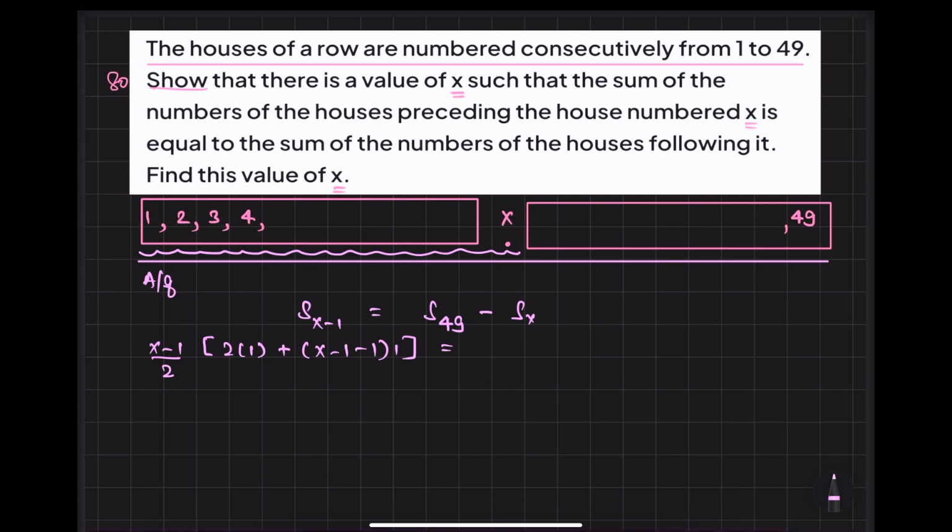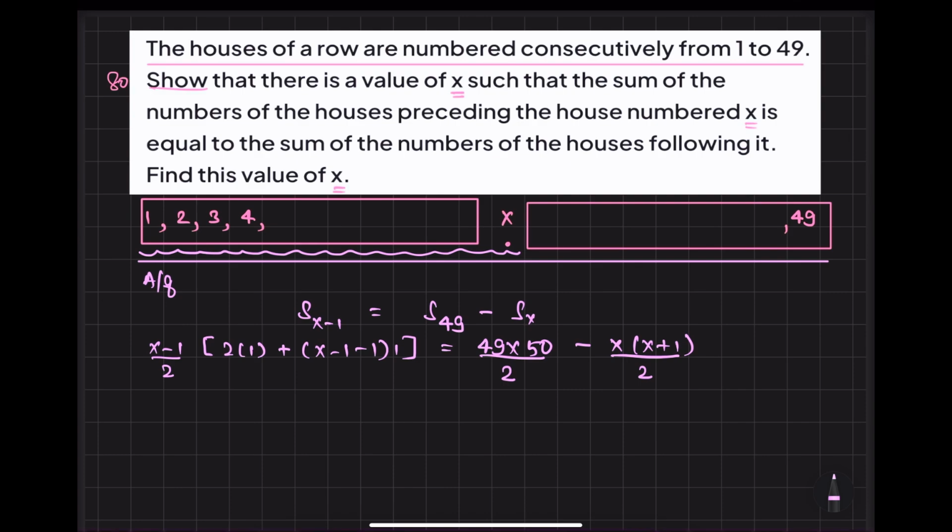So can I say that it is n into n plus 1 by 2? So it is 49 into 50 by 2 minus Sx. Till x is also natural numbers, so n into n plus 1 by 2. I hope till this part you guys are comfortable.